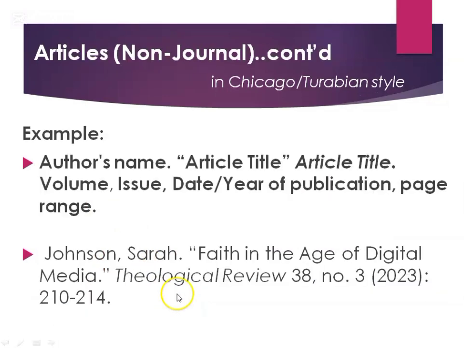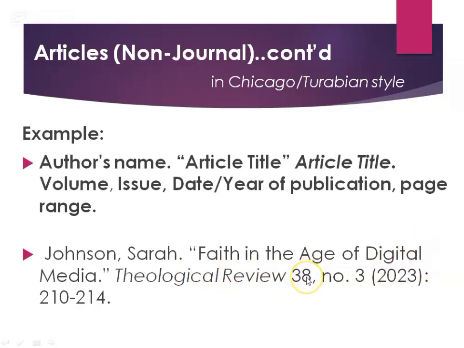Let's look at the examples. The example here is "The Faith in the Age of Digital Media," written by Johnson Sarah. Johnson is the surname, comma, and Sarah the first name, then full stop. And we have the title of the article in quotes, then a full stop, followed by the name of the journal title, which is Theological Review.